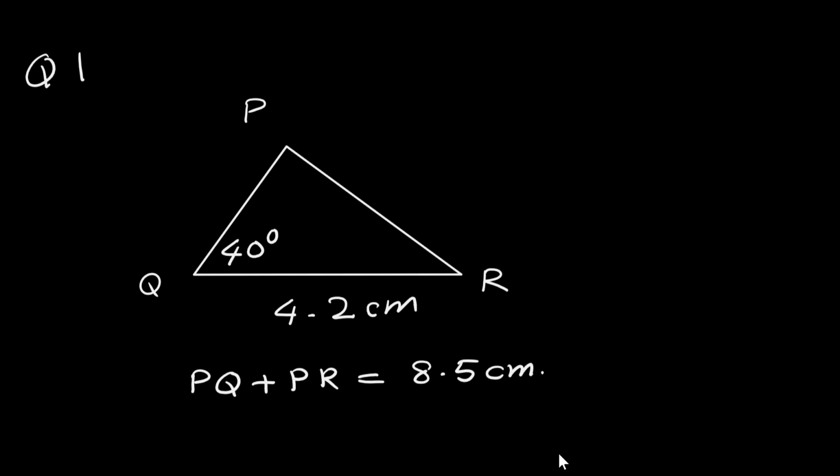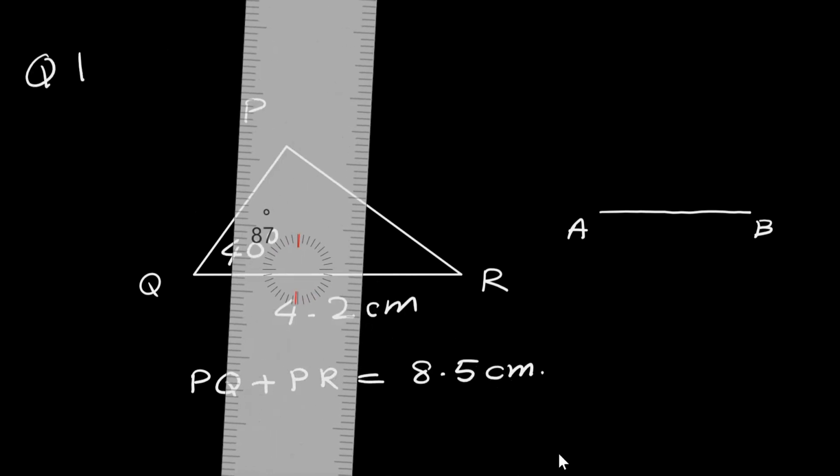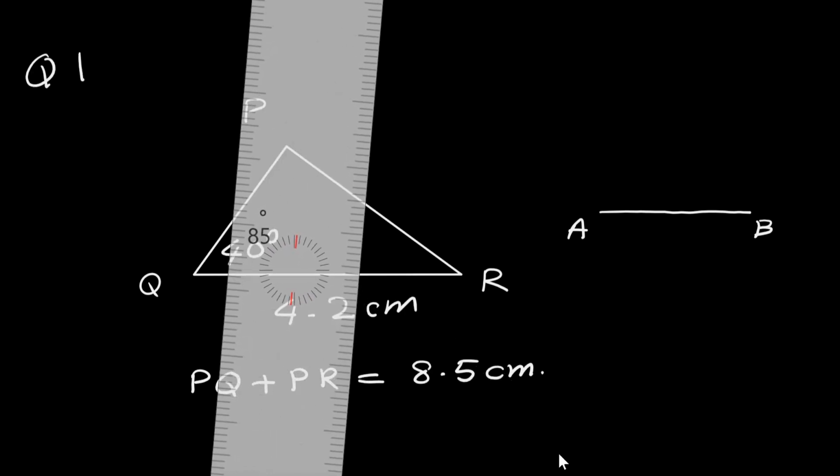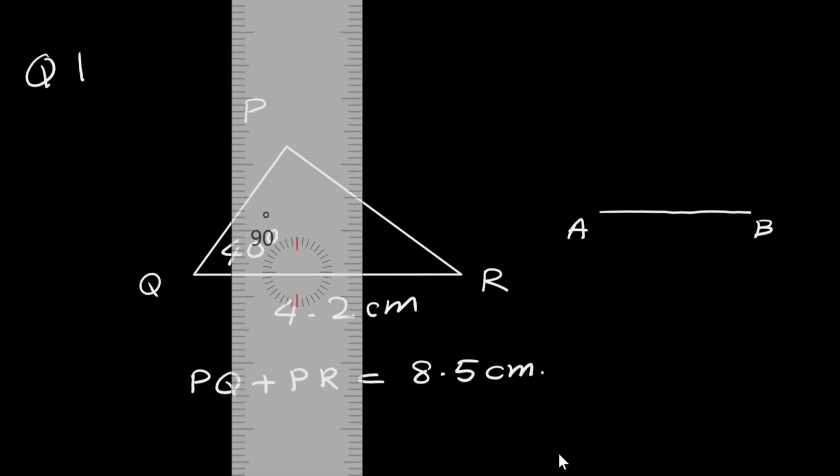Now to complete this construction, we are going to use the perpendicular bisector theorem. In the third chapter, we will prove the perpendicular bisector theorem. The perpendicular bisector theorem is: every point on the perpendicular bisector is equidistant from the endpoints of the segment.